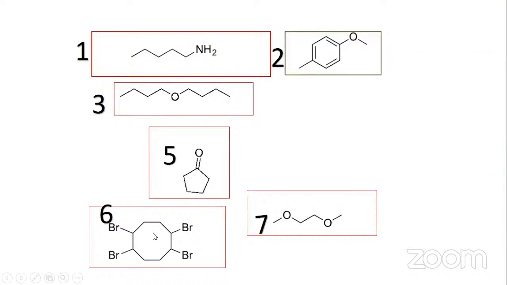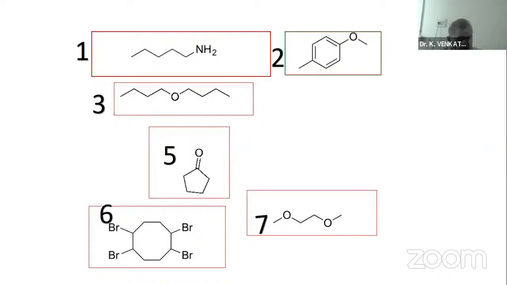Sixth, 1,2,5,6-tetrabromo octane. Seventh, when ether is present, don't count all the carbons.